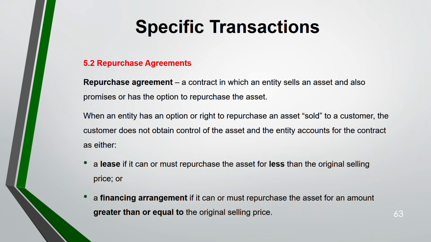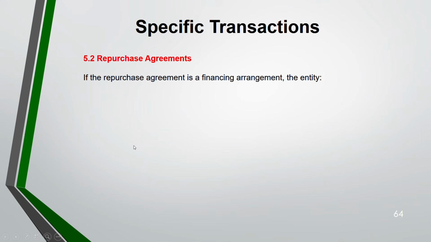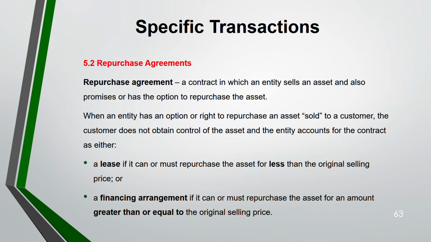Or a financing arrangement if it can or must repurchase the asset for an amount equal to or greater than the original selling price. Remember this. If you are repurchasing at less than the original selling price, it is a lease. If it's more or equal, financing arrangement. Now, if a repurchase agreement is a financing arrangement, the entity continues to recognize the asset. Okay, financing arrangement means you are repurchasing at an amount greater or equal to the original selling price.